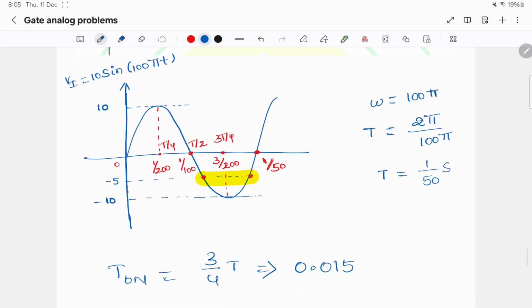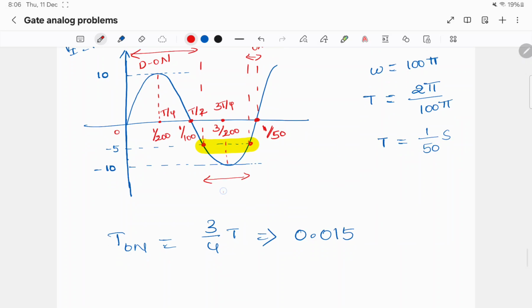So if we look here, in this 1 period time, the input is higher than -5 in this region and in this region. So here the diode will conduct. Diode is on in this area and in this area. And this area is T by 4th.